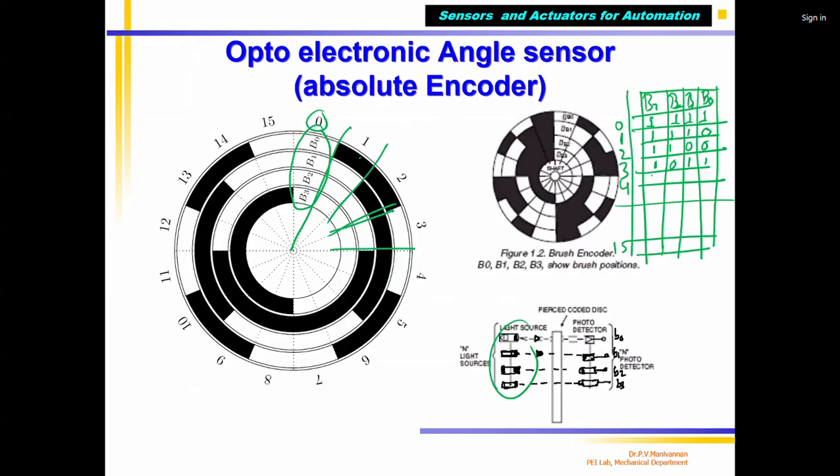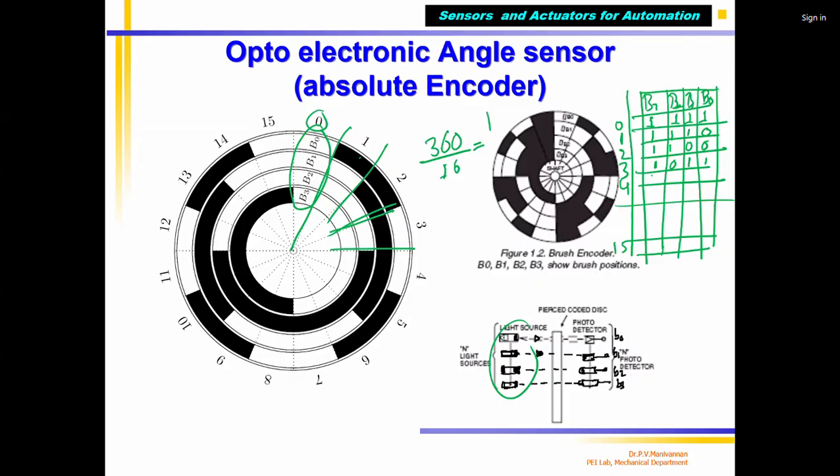Okay, so now this state represents 0 to 15. Correct? Now when the disk rotates one rotation, how many degrees is it rotating? 360. And it is divided into 16 segments.